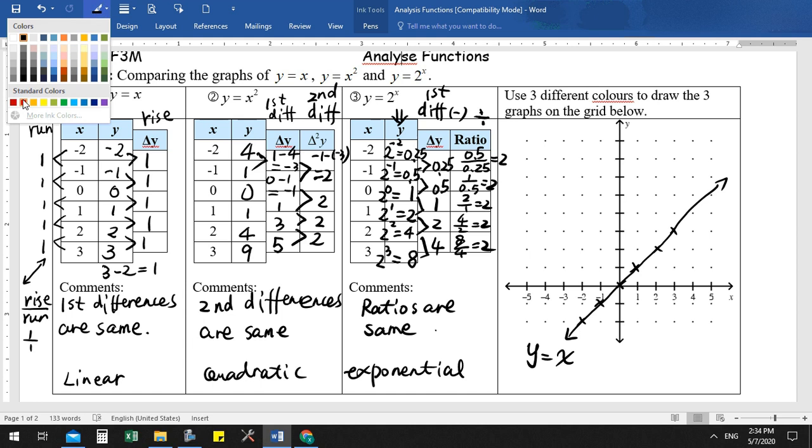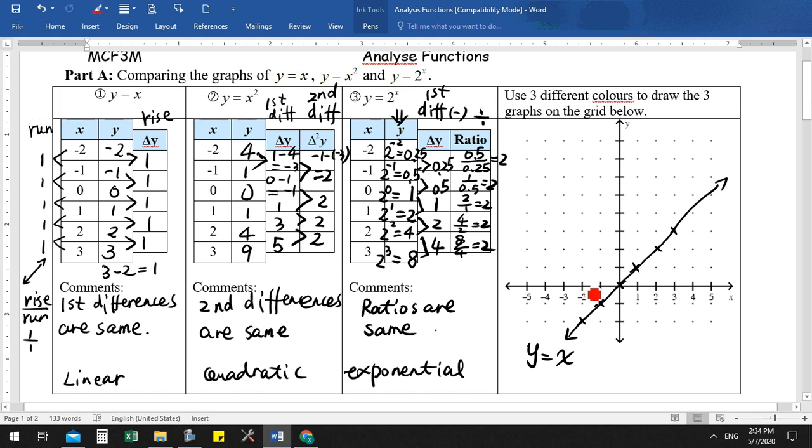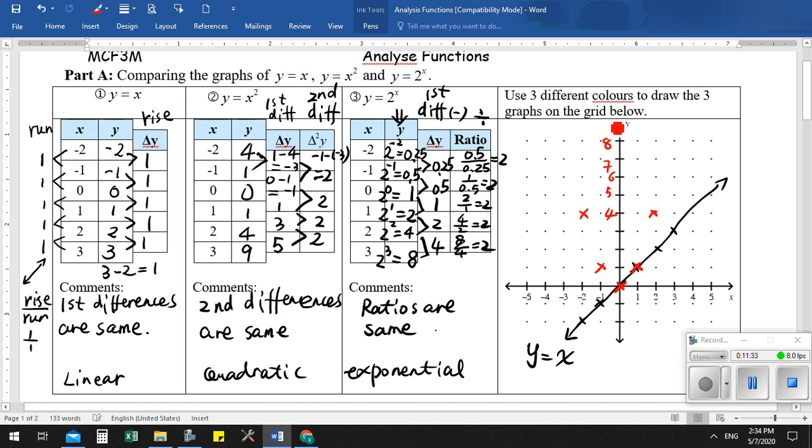And for the quadratic, we are going to see (-2, 4). Then (-1, 1), (0, 0) from the table of values, (1, 1), (2, 4), and (3, 9). So (3, 9) will be here.